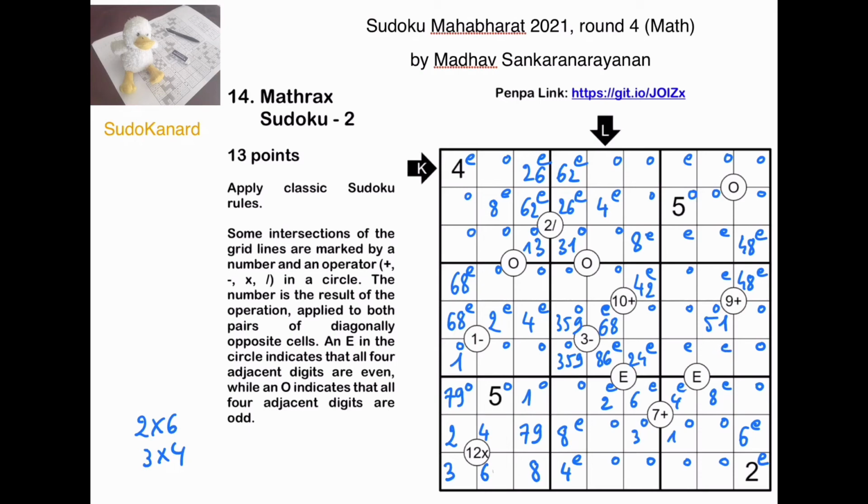This one is not an 8. Oh, here we get an 8 on this row. So this one is a 4, this one is an 8, this one is a 1. 2 and 6 here.